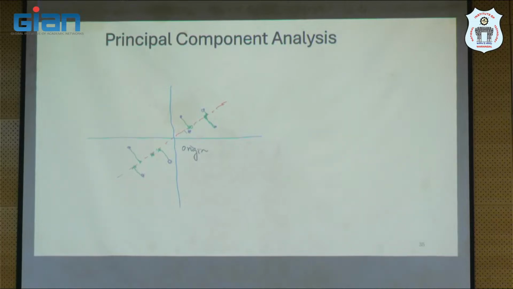So you have original data points, kurtosis, RMS, like that. But you are drawing a line and you are saying that once this line is drawn, the original data points are no longer going to be used. I am going to take a representative of the original data points that will be situated along this line only. So that is the base of principal component analysis.